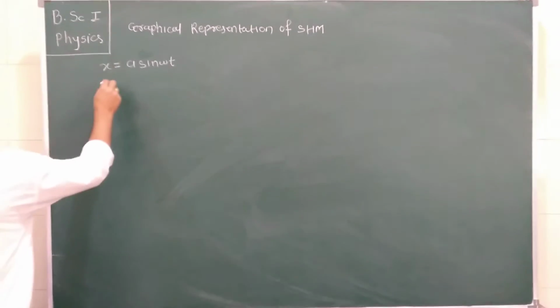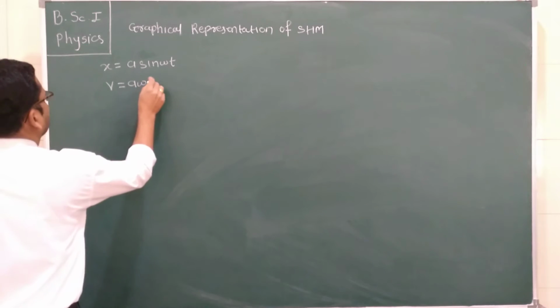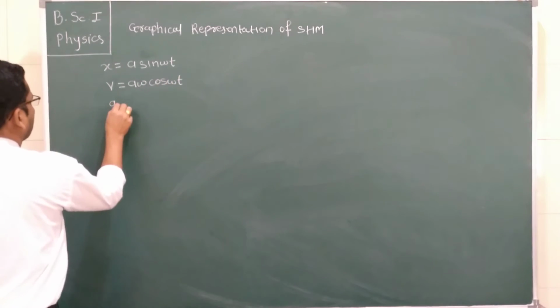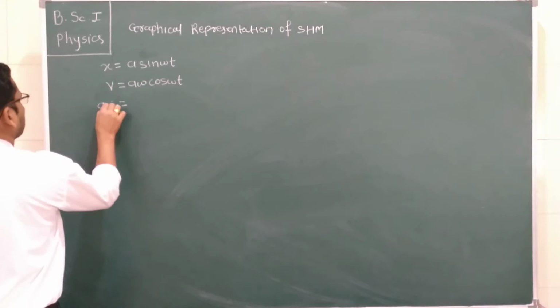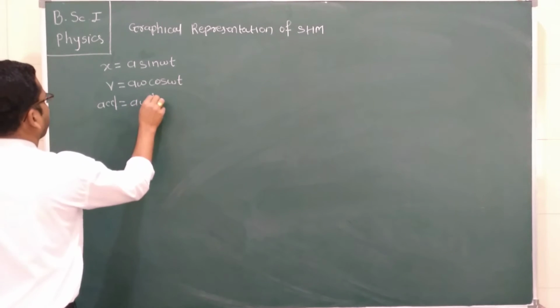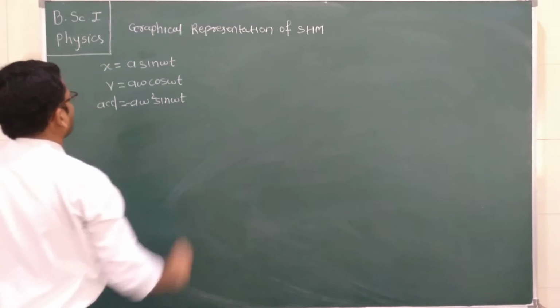Therefore we can write x is equal to a sin omega t, velocity is equal to a omega cos omega t, and acceleration a is equal to minus a omega square sin omega t. Why?